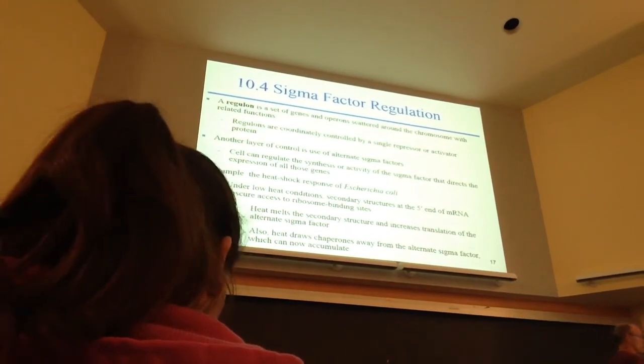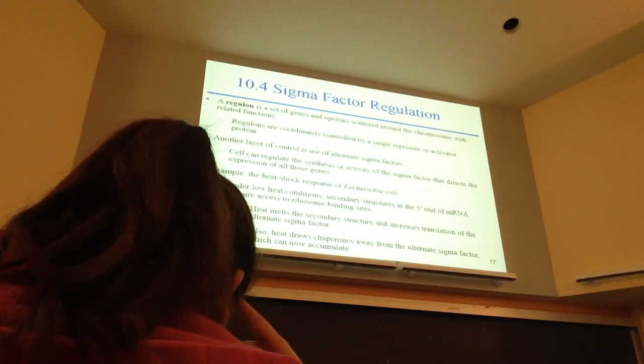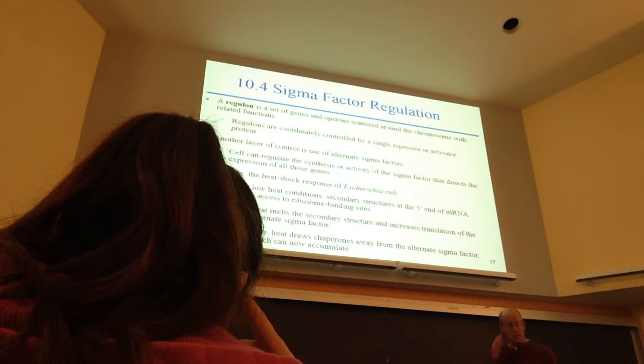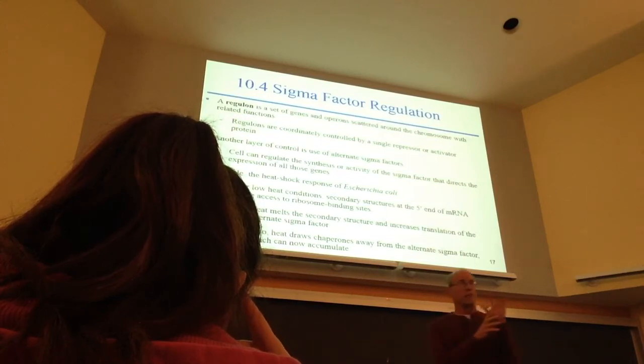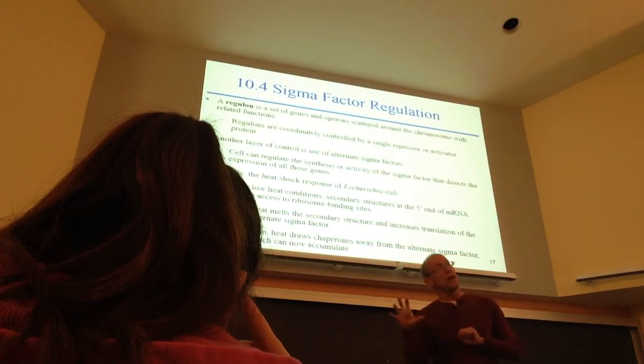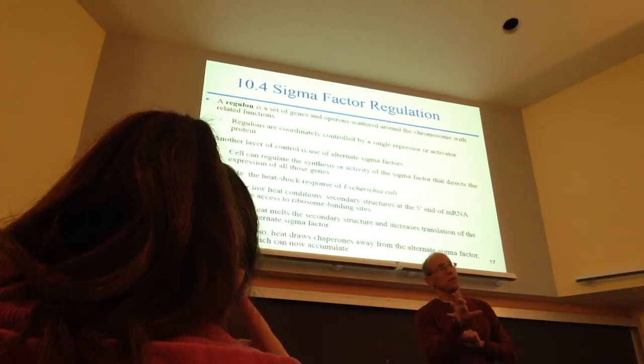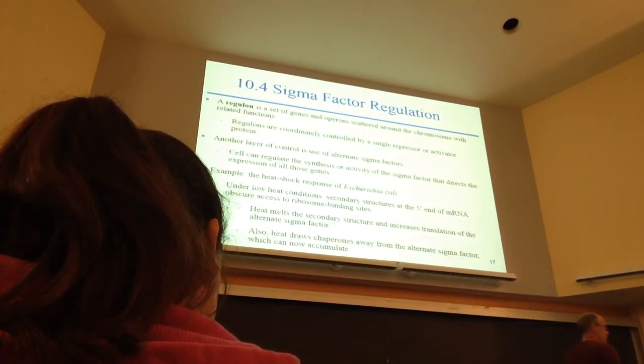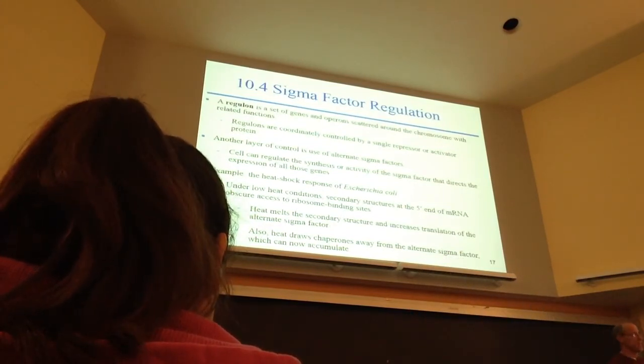So we've been talking about regulons, and we've also been talking about sigma factors. So we have regulatory proteins that bind to the operator, but we also have sigma factors that bind to that RNA polymerase and lead it to its site where it is going to express those genes.